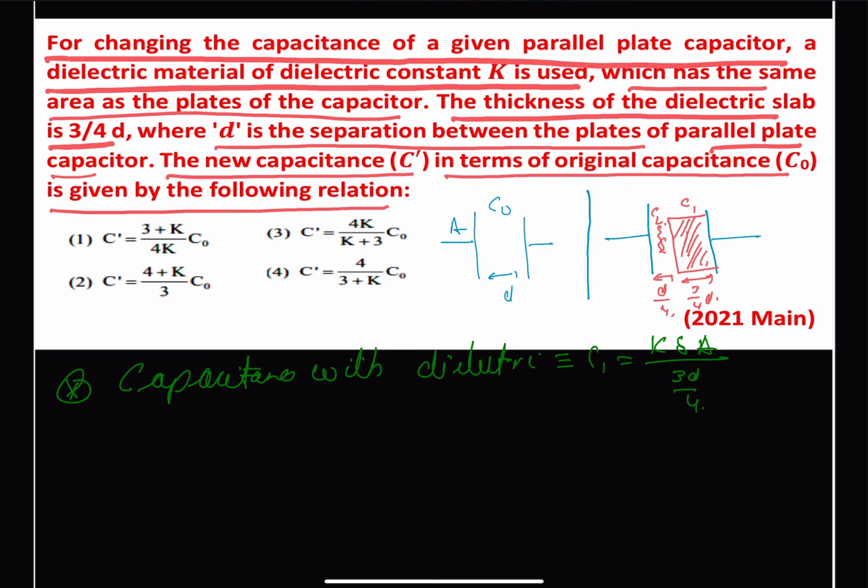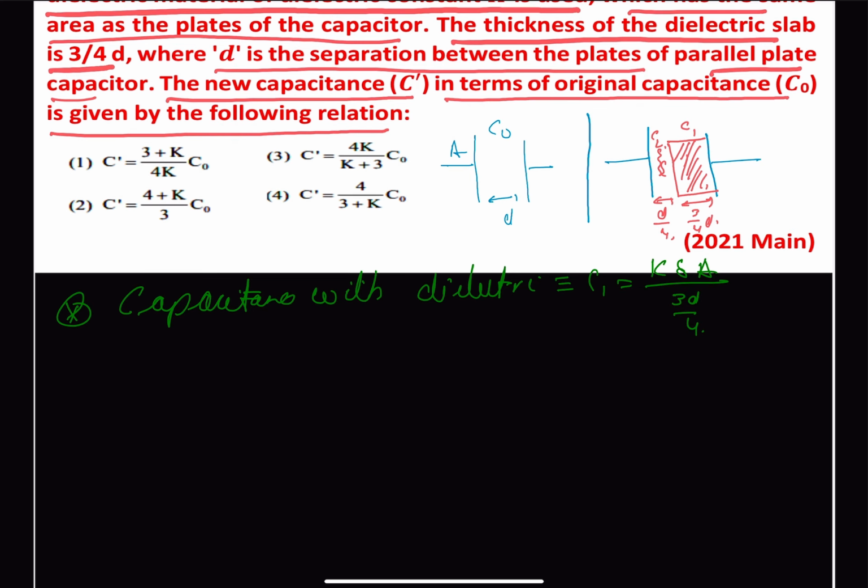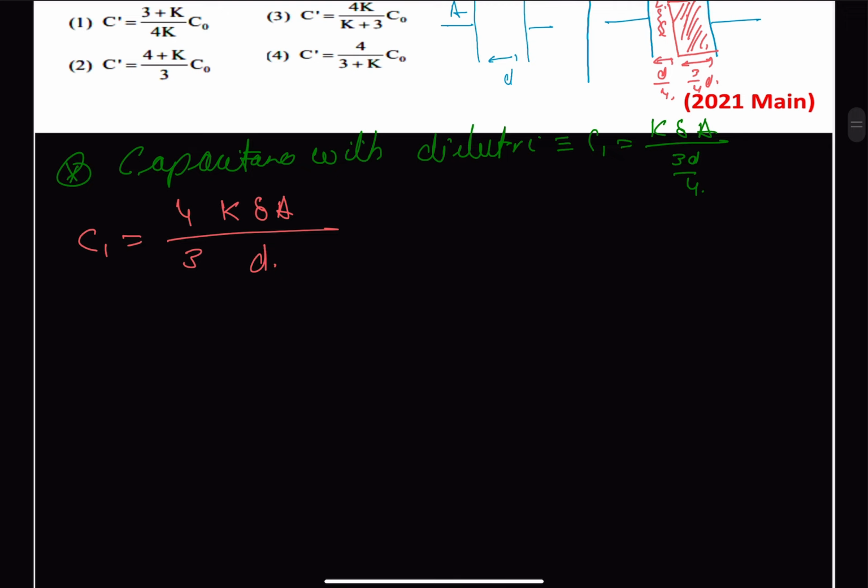So from here we get C1 equal to 4/3 times K epsilon naught A divided by D. Similarly, we can find out the capacitance with air, which we said will be C2, equal to epsilon naught A, and the distance between the plates is D/4.